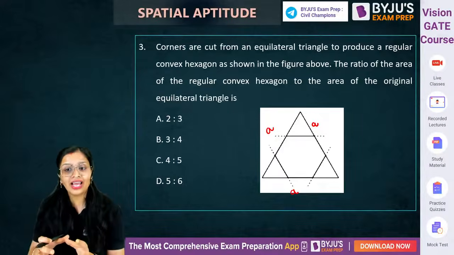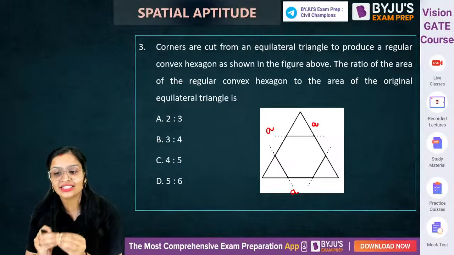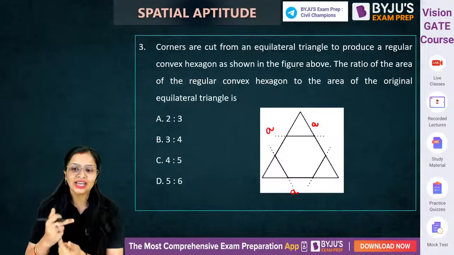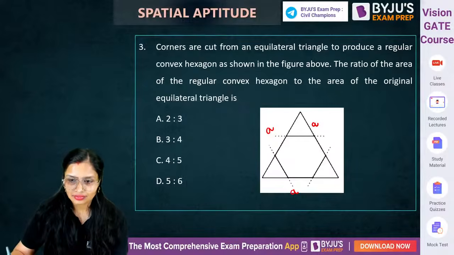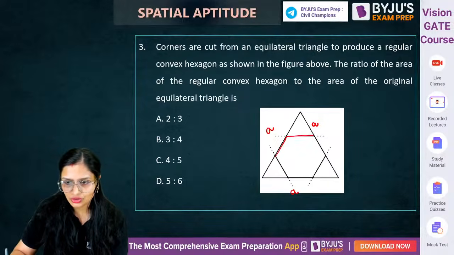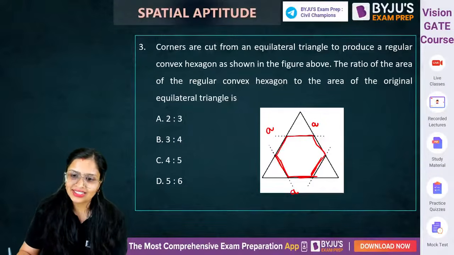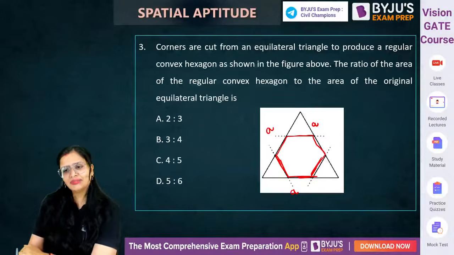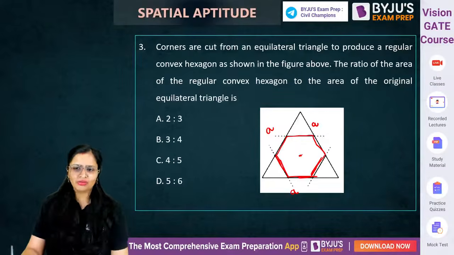But how will you calculate the area of the regular convex hexagon? For calculating area, you need to know the sides. How will you calculate? Come on, guys. 1, 2, 3, 4, 5, 6. This is a hexagon. Just common sense: if a hexagon is there, and I divide it, this is the center. So in a hexagon, how many triangles will be formed, guys?